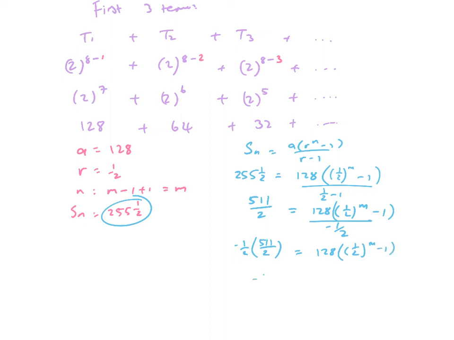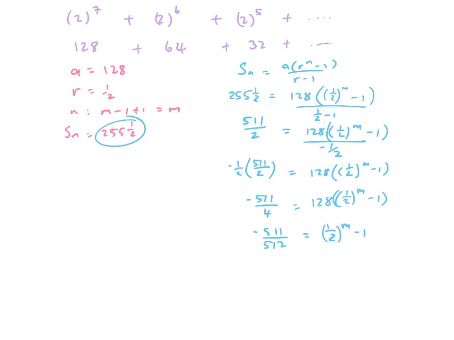So that is minus 511 over 4 is equal to 128 times a half to the power of m minus 1. You divide by 128 on both sides, and 128 times 4 is equal to 512. So you get minus 511 over 512 is equal to a half to the power of m minus 1.